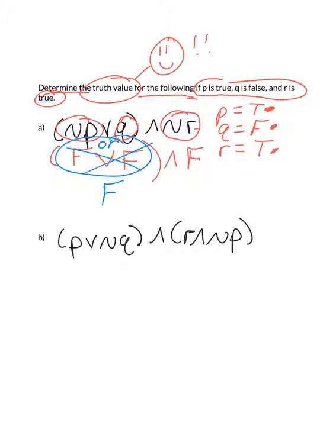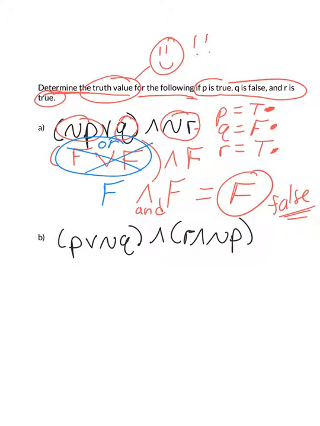Bring down everything you have not touched yet. So bring down the and and the remaining F. Now I have to be familiar with what happens with the and when it's surrounded with 2 F's. So F and F makes another false. So whenever it says determine the truth value, that's just a fancy way of saying, hey, is this true or false? So our final answer to part A is false.